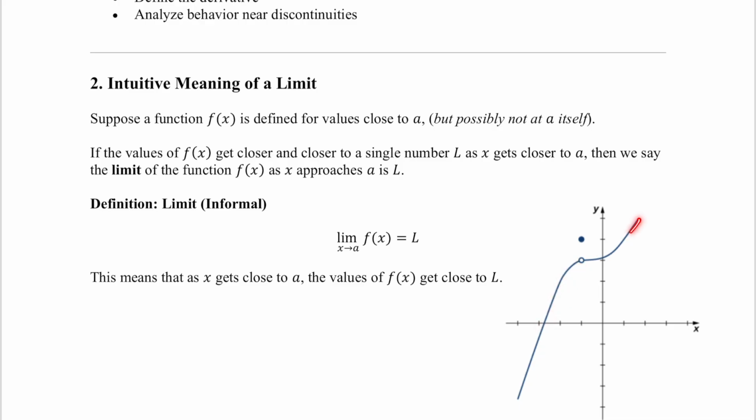As x gets closer to that point from the right, the curve also moves toward the open circle. So, what does that tell us? From both sides, the function is getting close to the same value. That means the limit exists, even though the function is not defined there.